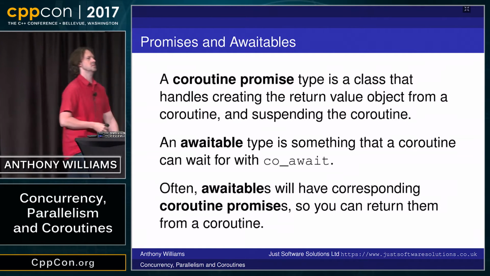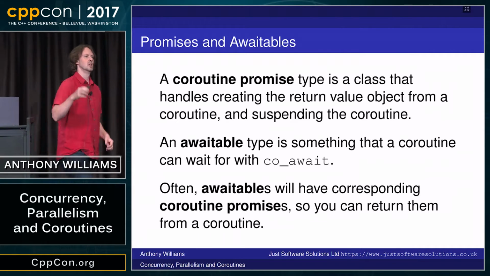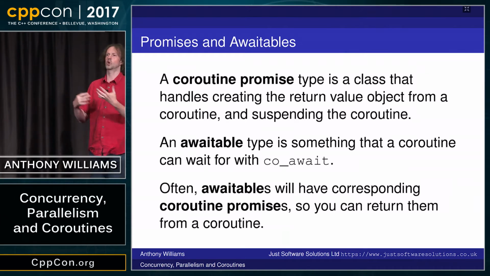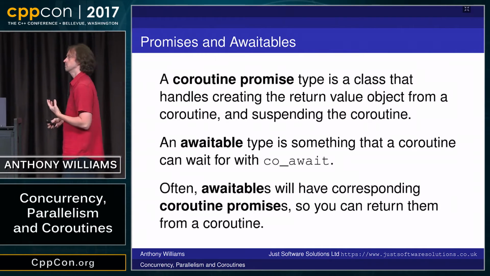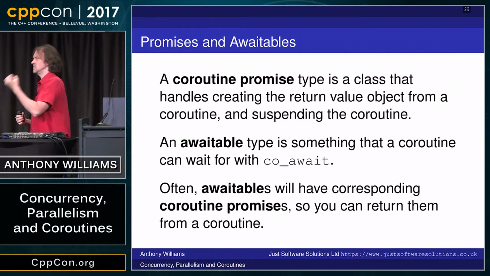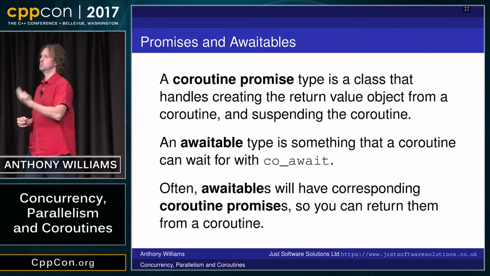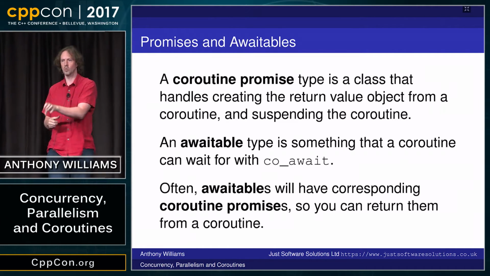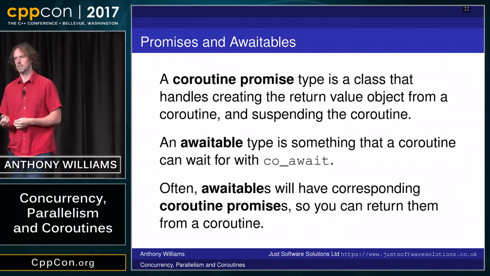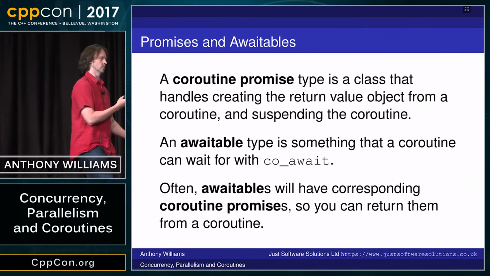Now I mentioned coroutine promise types. A promise type is how you specify how the coroutine internals correspond to the return value. And it specifies what the compiler and library will do when you put in those co_return, co_await, and co_yield locations inside your coroutine. How it deals with suspension, what happens, how the return value gets handled.